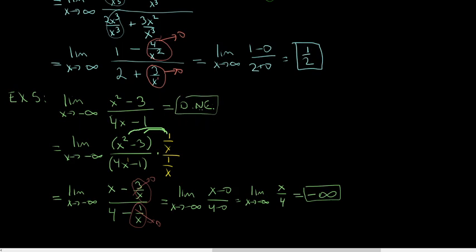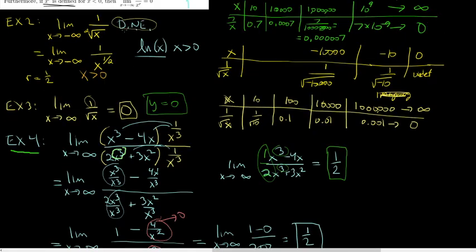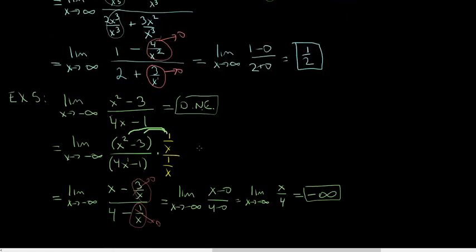It could mean it approaches positive infinity, it could approach negative infinity, or as in example 2 here, it just doesn't approach anything. It's not even defined for negative x. So here it's defined, it's just that as x goes to negative infinity, x over 4 goes to negative infinity as well, just a lot slower than x does, by a factor of 1/4.